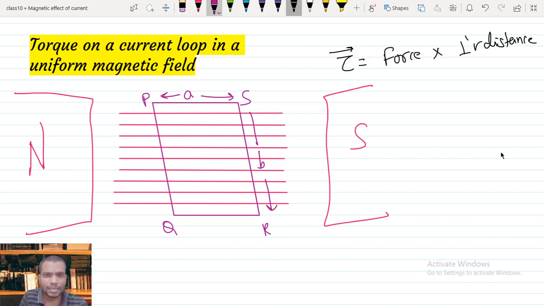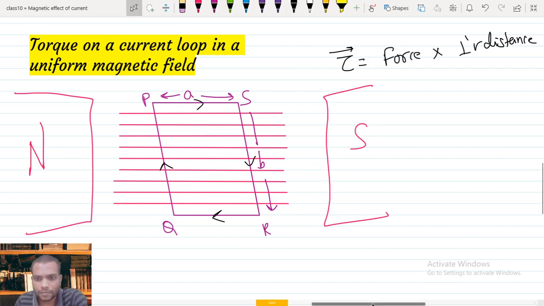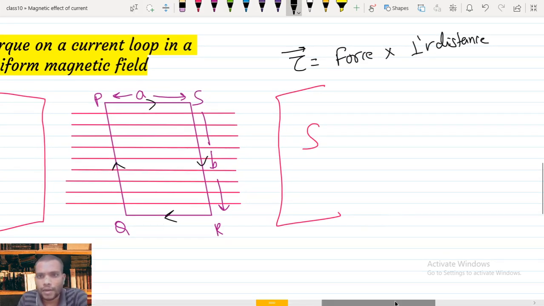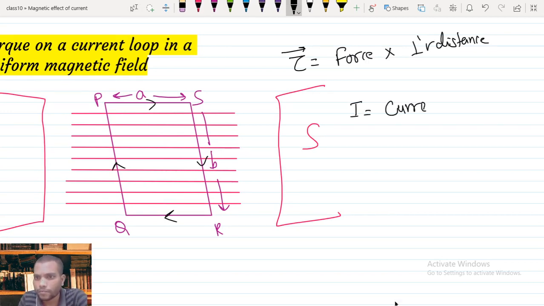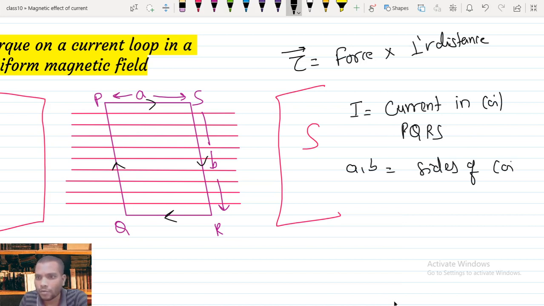Now the current is passing through this. Let me take the current in the anti-clockwise direction, so it is going along this direction. Let I equal the current in coil PQRS, and A, B are the sides of the coil.